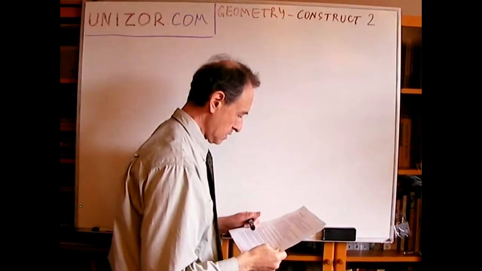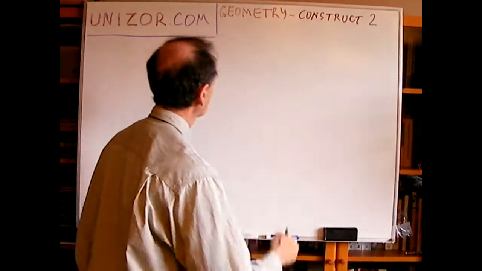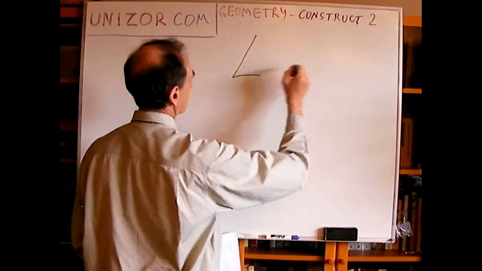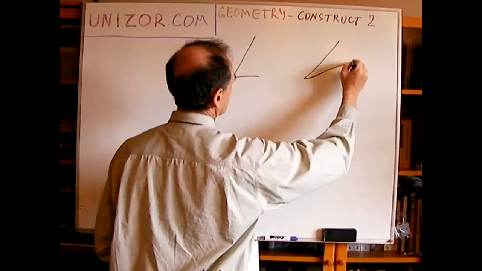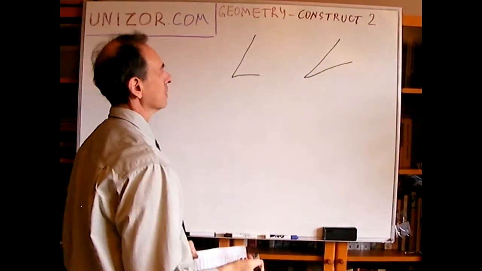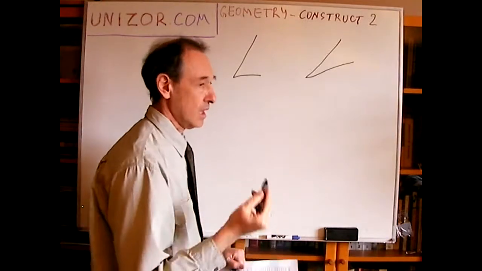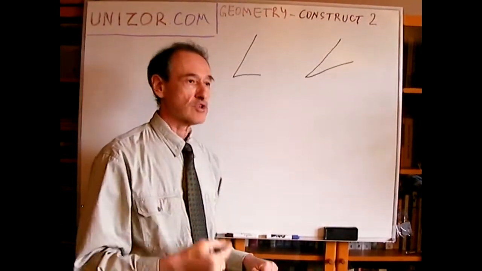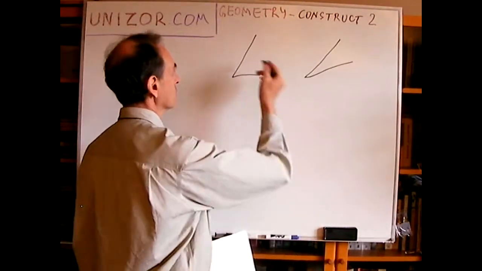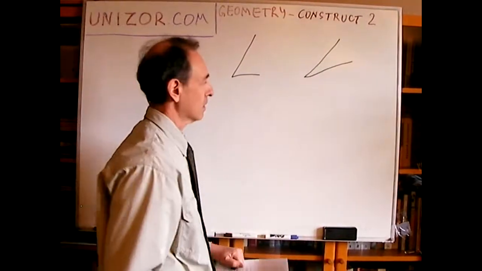Next is a difference. If you have, again, one angle and another angle, and you would like to build a difference between these two angles, which means a new angle, the measure of which is equal to the difference between measures of these two angles.